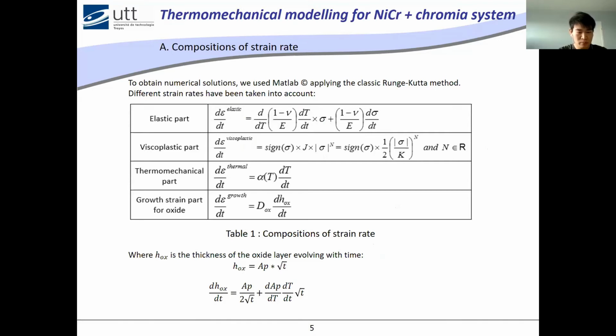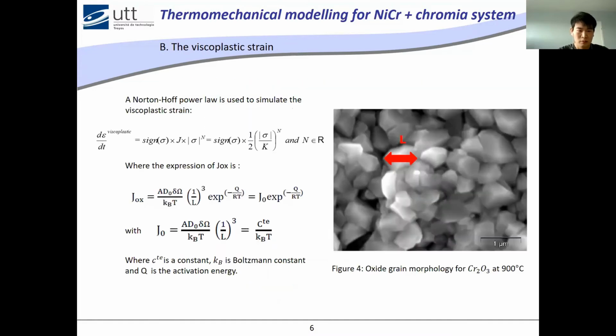For the growth part, h-ox is the thickness of the oxide layer, which evolves with time. For the viscoplastic strain, a Norton power law is used. And with the expression of G-ox, we can see that G-ox is related to the oxide grain size and the activation energy Q, which is this expression.